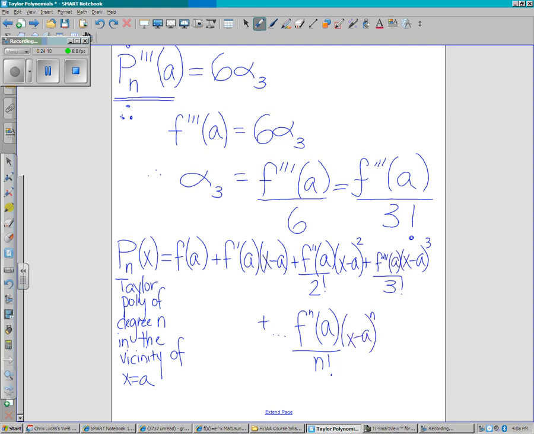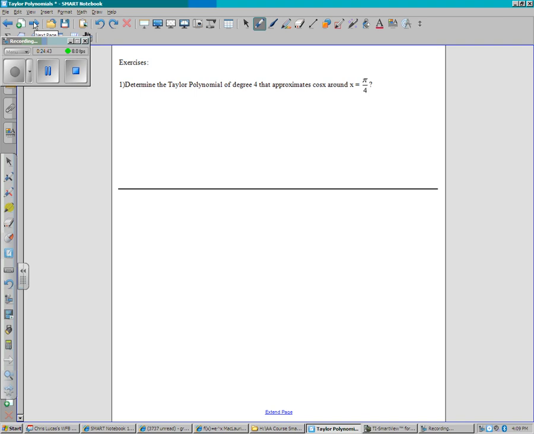And you could actually go back to these early terms and say, that's just like dividing by 1 factorial, and this is just like dividing by 0 factorial, because 0 factorial, of course, we know equals 1. That is the form of the Taylor polynomial of degree n, which approximates transcendental functions in the vicinity of x equals a. Okay, so let's do an example, and then we'll see what this really means.